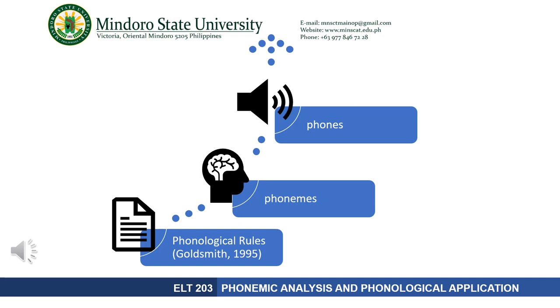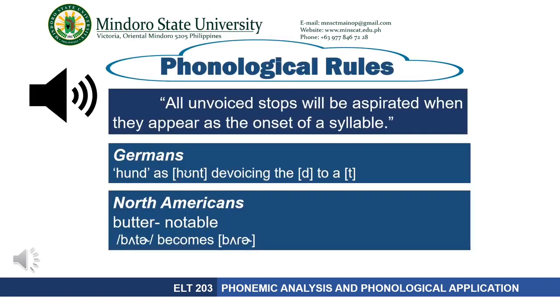Phonology is composed of phonological rules, and according to Goldsmith 1995, generally there are two levels of representation in phonological rules. These are phonemes and phones. These rules explain how we map from the abstract representation of phonemes in our mind to the actual articulation of phones, or what is being said.